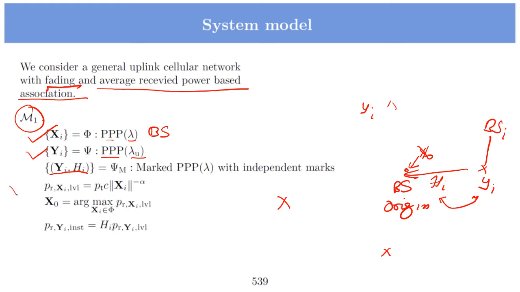Then the power level, which will be used for association, is simply the average power, which is given by transmit power times Xi to the power minus alpha. So from this we will select the best base station, which is the closest base station to the user, and the instantaneous power would then be this received power times Hi.